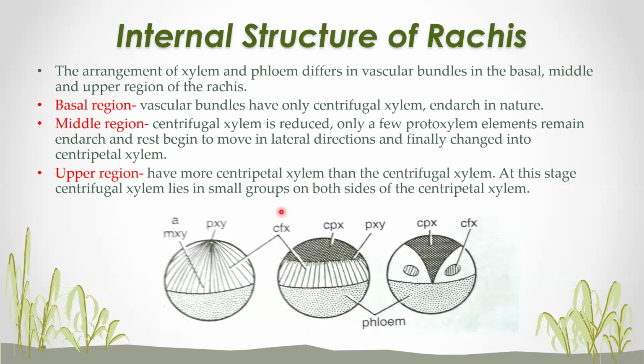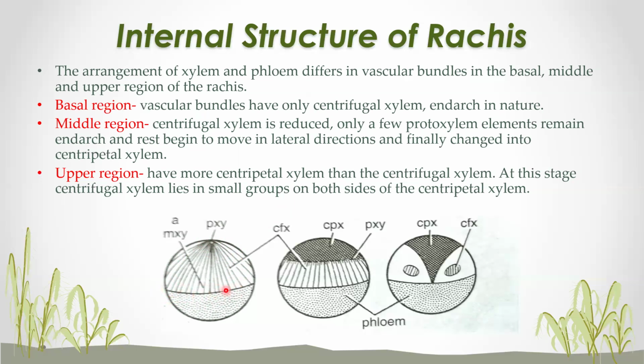There is no centripetal xylem here. If this is the phloem and this is the xylem, then there is only centrifugal xylem in the basal region. The xylem is in endarch condition where protoxylem is in the center and metaxylem is towards the phloem, towards the outer side.